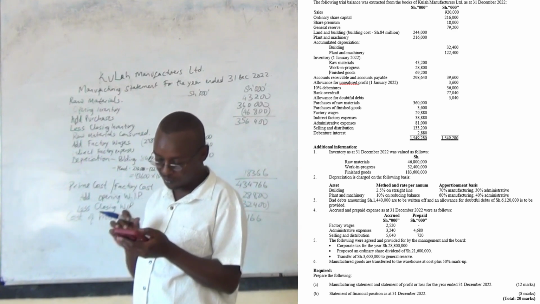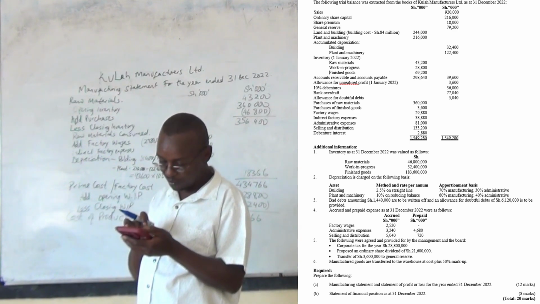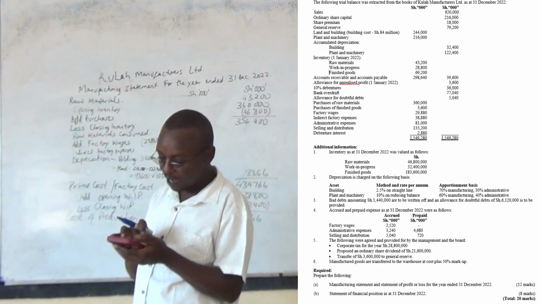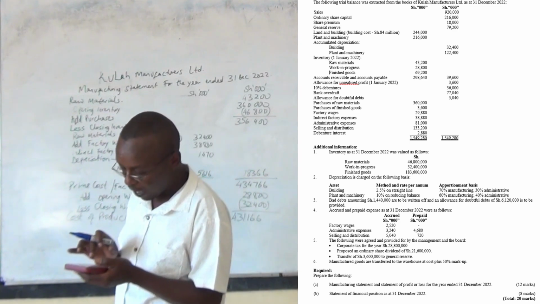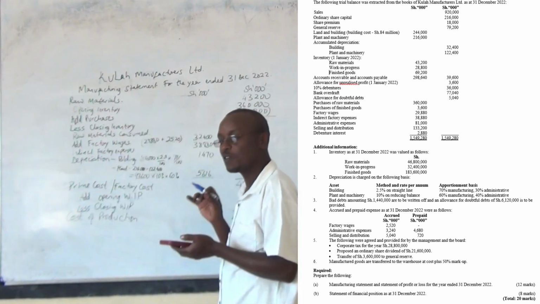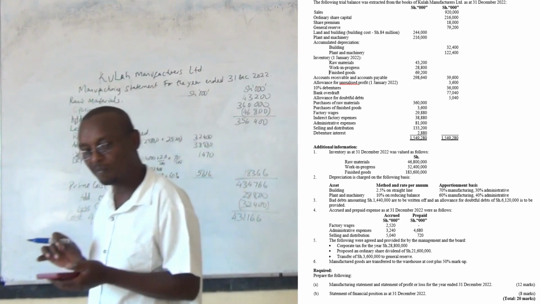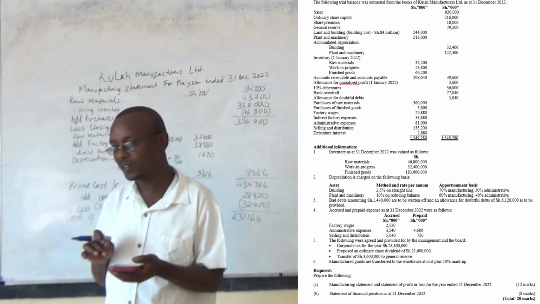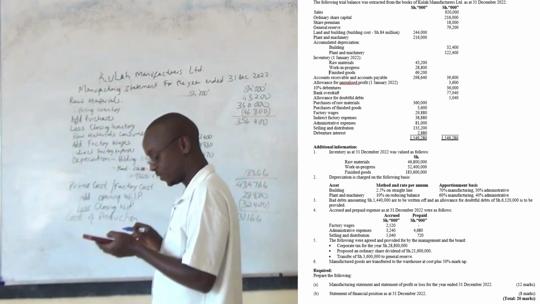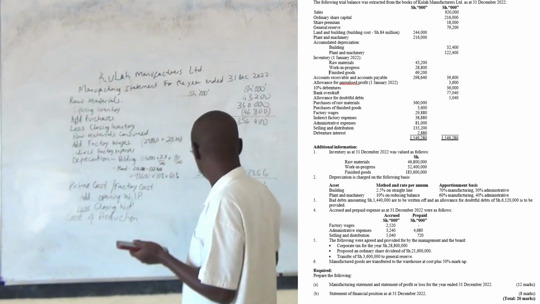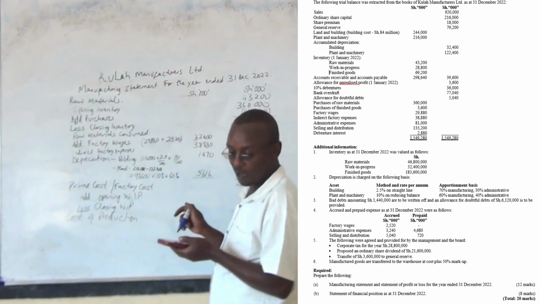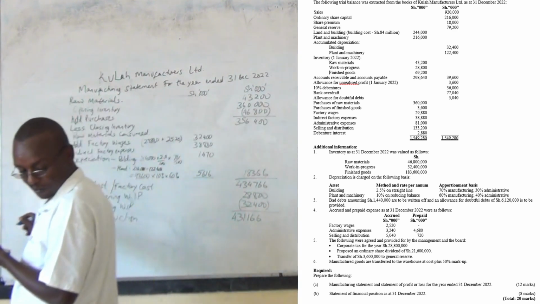Manufactured goods are transferred to the warehouse at cost plus 50% markup. How do you understand that? Yeah, 50% of this one. So that will be our transfer price.